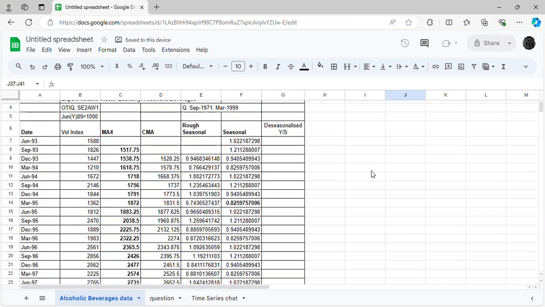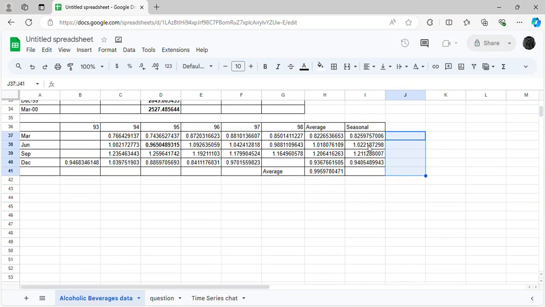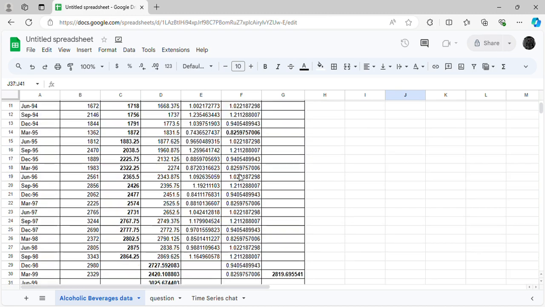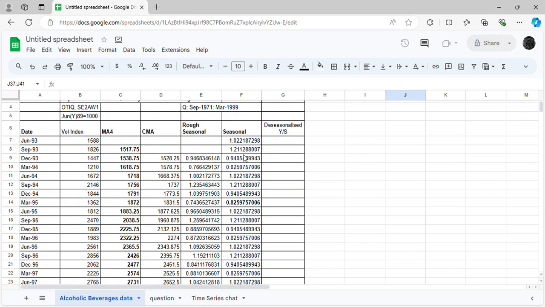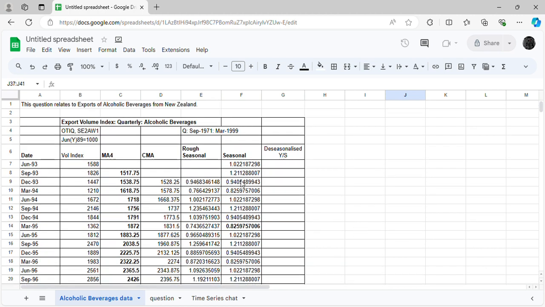Okay, and then we fill in this table. So for June 1993, we have 1.0221872, and for September 1993, we have 1.211288, and so on. For December 1993, we have 0.94054, so on.